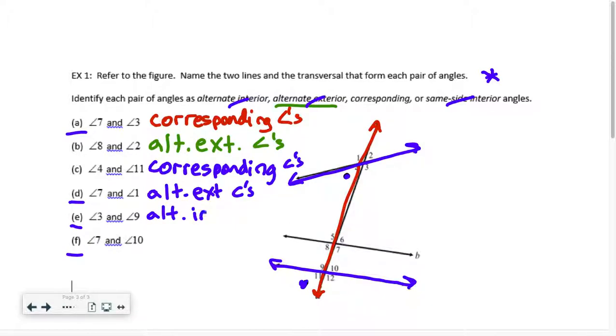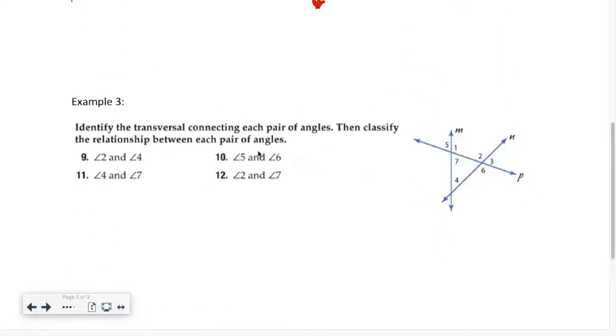So these are alternate interior angles. 7 and 10, so you're ignoring A, you're looking at lines B and C, and with transversal D. And 7 and 10, both interior, they're on the same side of the transversal. So these would be same side interior angles.